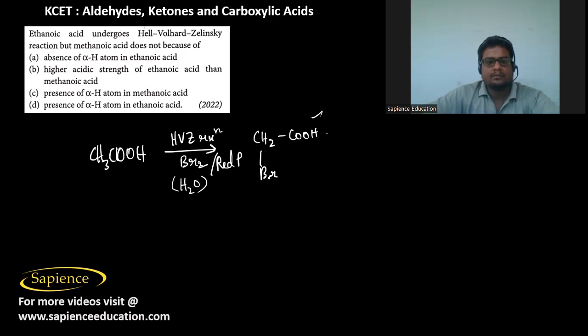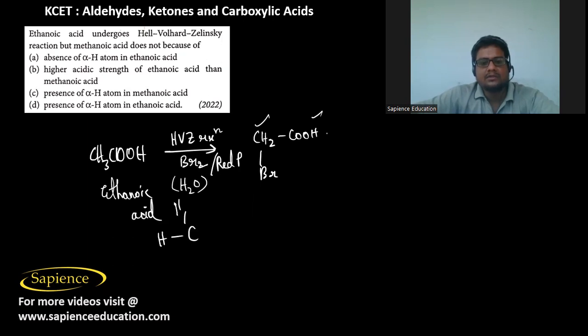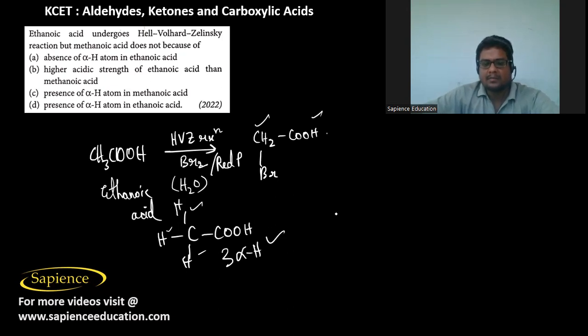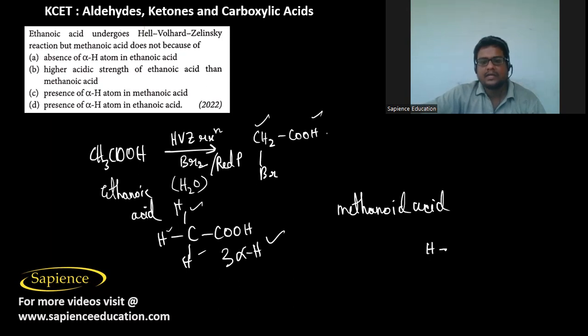So it will give bromoethanoic acid, and so it will give HVZ reaction. Since in ethanoic acid it has got alpha hydrogens. Since it has got 3 alpha hydrogens, so these are the 3 alpha hydrogens, hence it will give HVZ reaction. But in the case of methanoic acid, which is also called formic acid, here we have HCOOH.